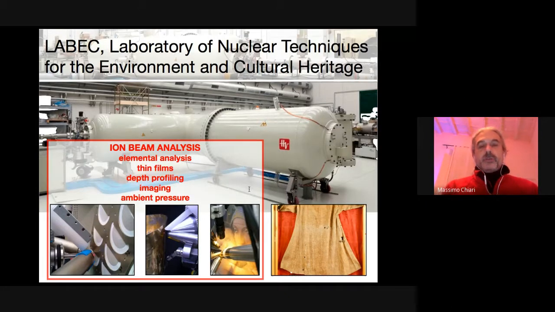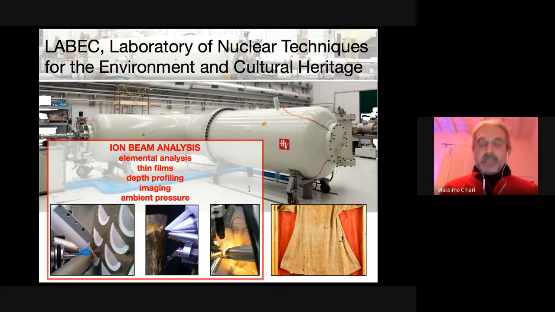Our laboratory is built around this 3 MeV tandem accelerator from High Voltage Engineering. It's actually called a Tandetron. It is used for ion beam analysis for fundamental analysis of thick and thin samples, for profiling, imaging with microbeam, and a lot of our applications, as you can see from all these pictures, are done with external beam, so when the sample is kept at ambient pressure, not inside a vacuum chamber.